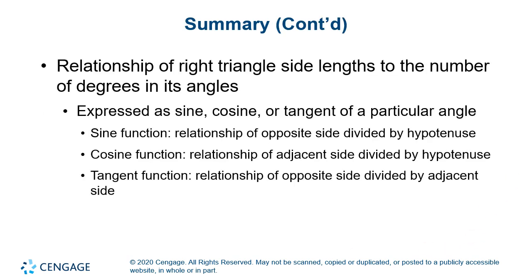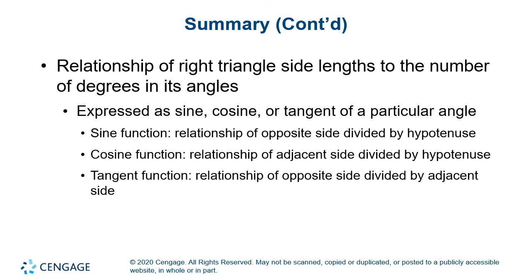In addition, we have a number of relationships between right triangle sides and right triangle angles. The three main ones that we're going to use are sine, cosine, and tangent. If you recall, the sine function essentially expresses the relationship between the opposite side divided by the hypotenuse. In this case, the sine of the angle is equal to the opposite side divided by the hypotenuse.